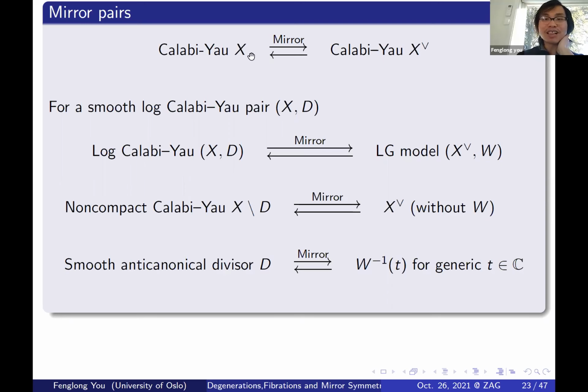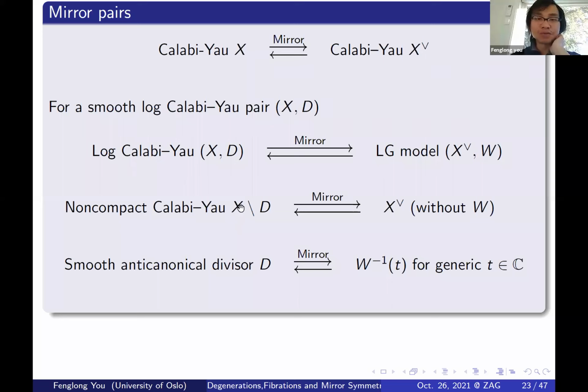If we have a Calabi-Yau X, then the mirror of this Calabi-Yau is another Calabi-Yau. But if we have a smooth log Calabi-Yau pair (X, D), the mirror is a Landau-Ginzburg model (X-check, W), and W is called the superpotential.